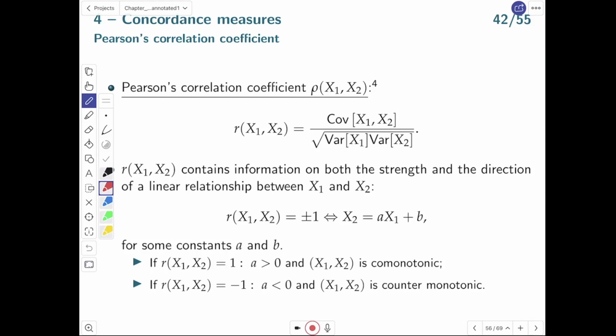And the most commonly used measure is the correlation. Pearson correlation, which is the covariance standardized with the variances. Right? I assume you know that. What does the correlation tell you? The correlation tells you that if I have plus or minus 1, x2 is a linear function of x1.